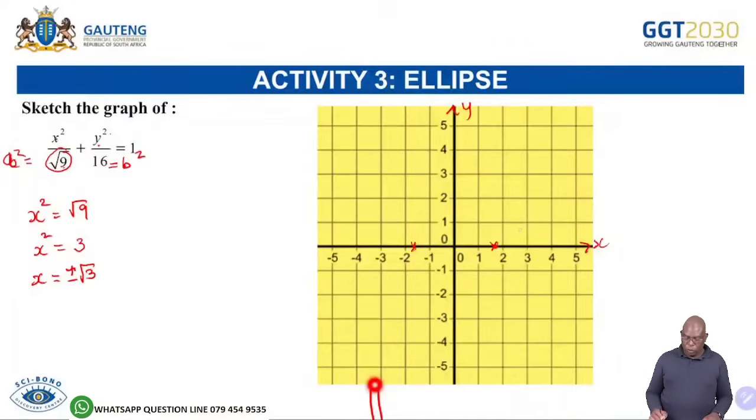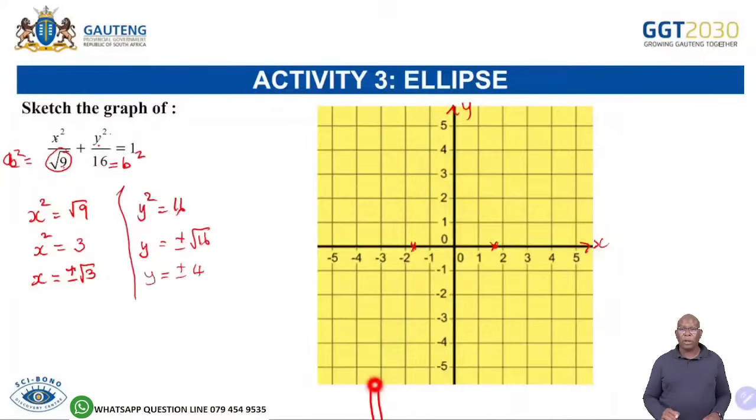So these are my x values. If I need my y values, I go y squared equals 16. Then my y will be equal to plus or minus square root of 16, and the square root of 16 is 4. So I'll have a plus 4 and a minus 4.